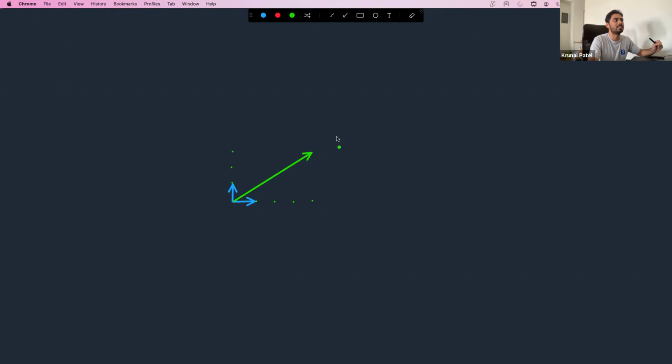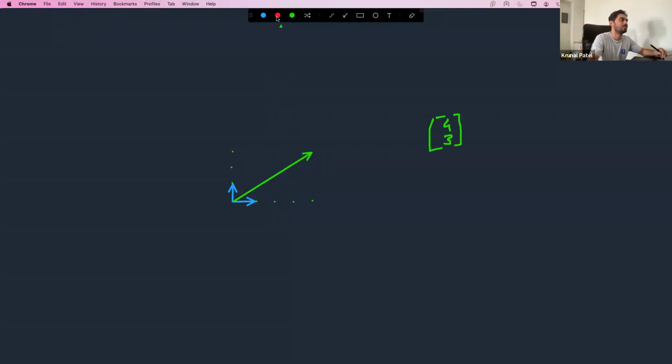So this might be 4, 3, or something like that, right? So the vector is 4, 3 if I use i hat and j hat as my basis, but it might have a different coordinate if I use a completely different basis.